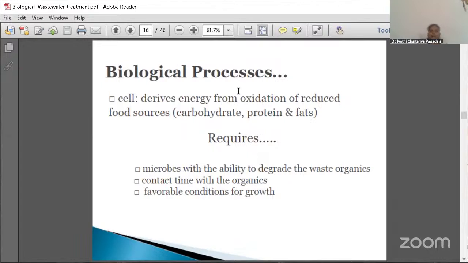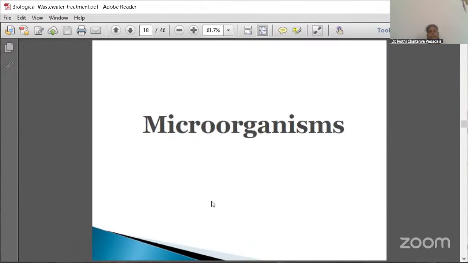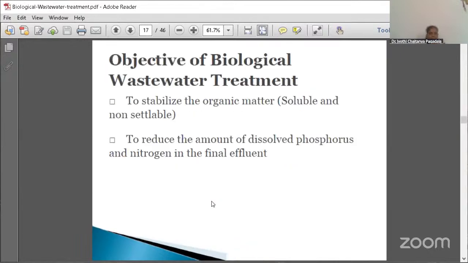The cell derives energy from the oxidation of reduced food products like carbohydrates, proteins, and fats, which requires microbes with the ability to degrade the waste organics, contact time with the organics, and favorable conditions for growth.